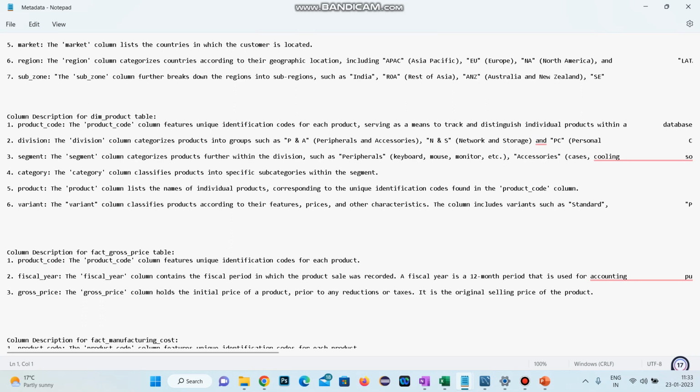Now we have the third table, fact gross price, which has product code, fiscal year, and gross price.